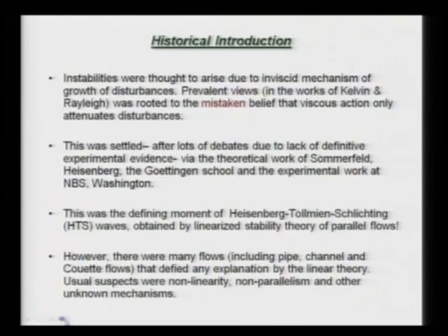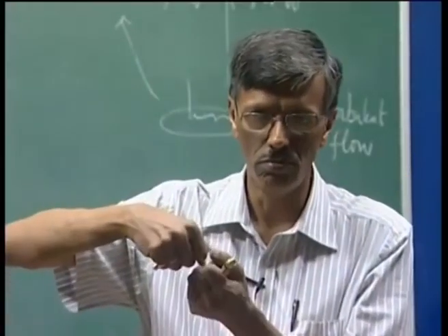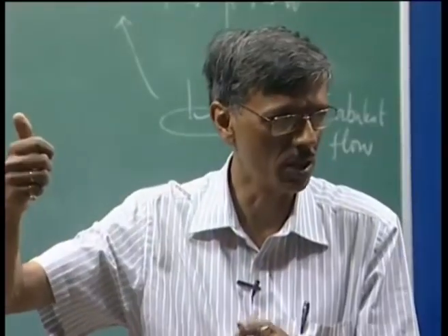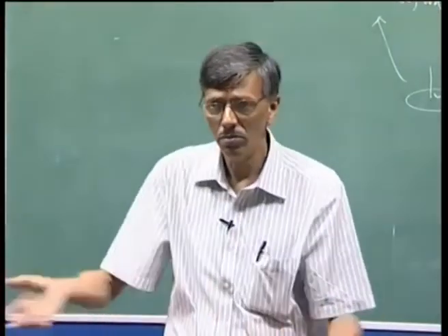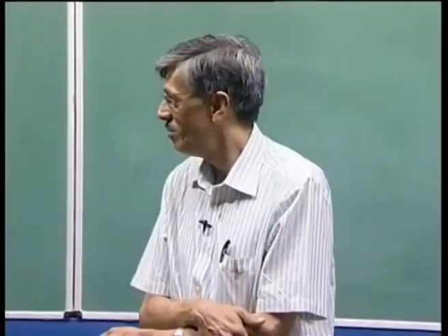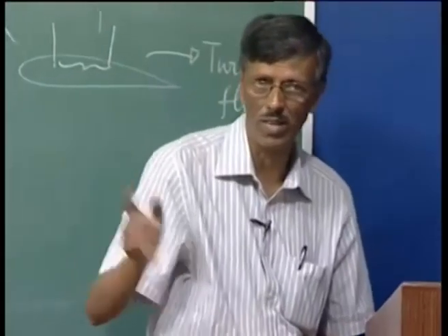Then the flow was considered parallel in this theory. Parallel means the streamlines are parallel, but a boundary layer grows, so they do not remain parallel, right. Growth is important, non-parallelism, and maybe there are other unknown mechanisms. So, even today a large number of us spend time finding out some new unknown mechanisms. There are lots of such activities that go on. So, I think I will stop here and we will start from here in the next class.